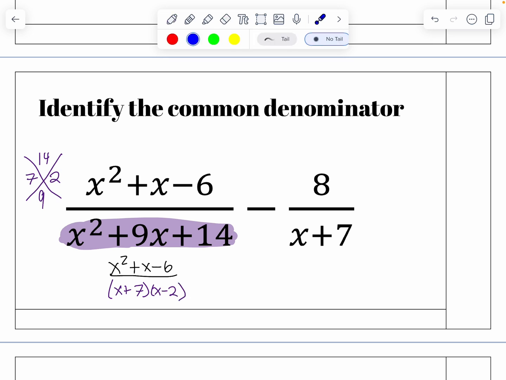What I notice is I also have an x plus 7 over here, but let's say I were to perform the subtraction here, I would have to multiply the 8 by the x minus 2, okay? Because now I'm able to do the subtraction, because again, to add and subtract fractions, I need common denominators, and now my denominators look the same, which is great. Okay, so now I can perform that subtraction.